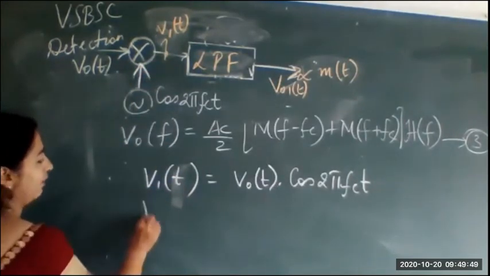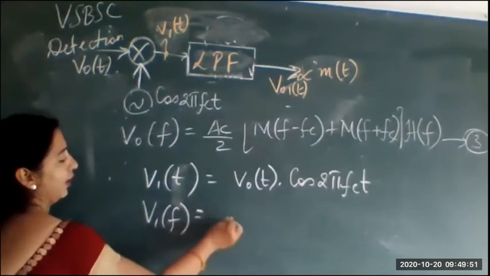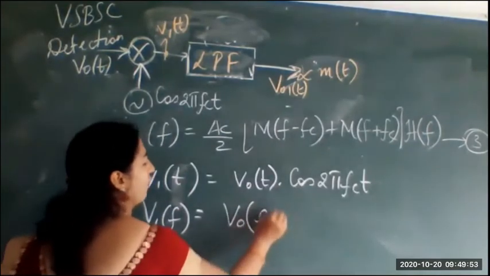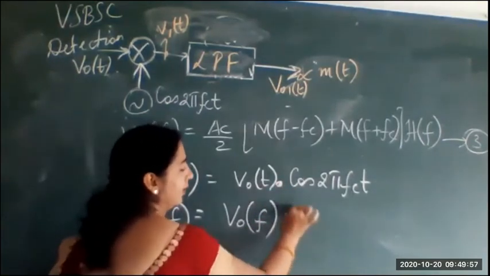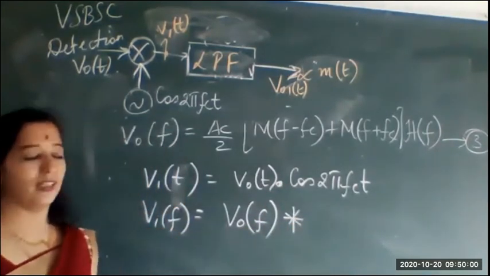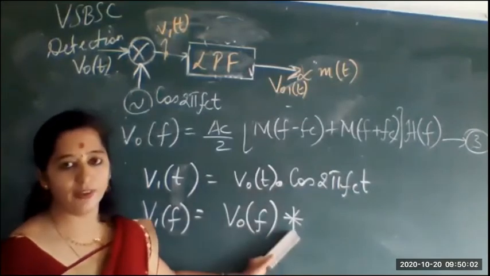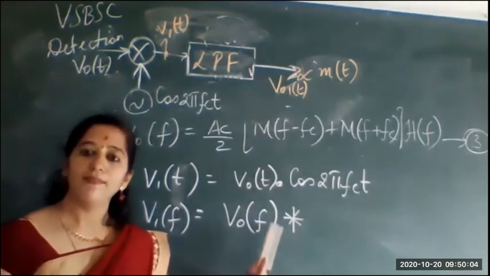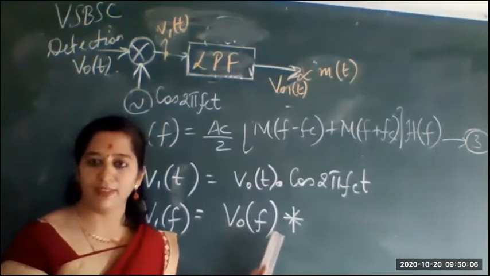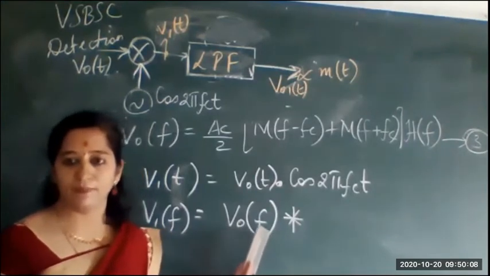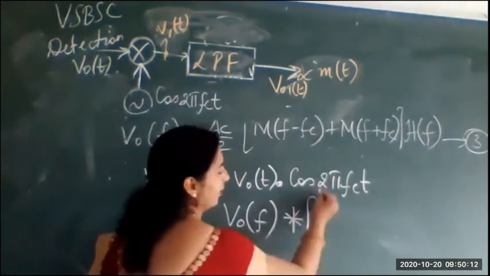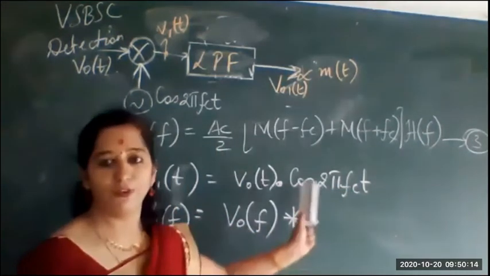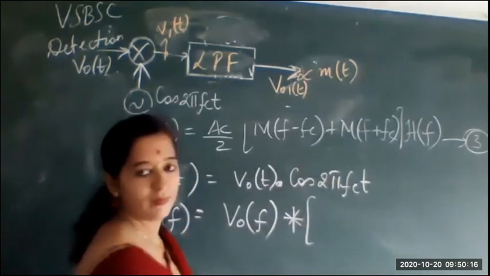If you want V1 of f, it is V0 of f, product becomes convolution. Don't forget that. Every time you have a product, you have to change to convolution whenever you shift from time to frequency or frequency to time. So this changes to convolution. And what is the Fourier transform of a cosine?